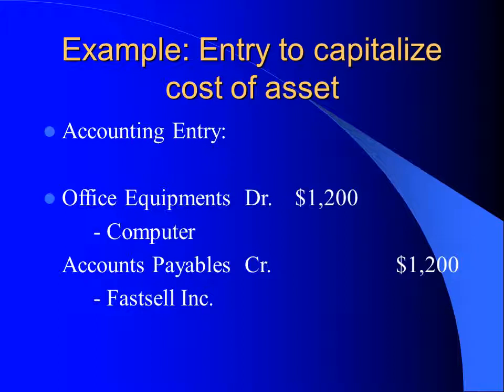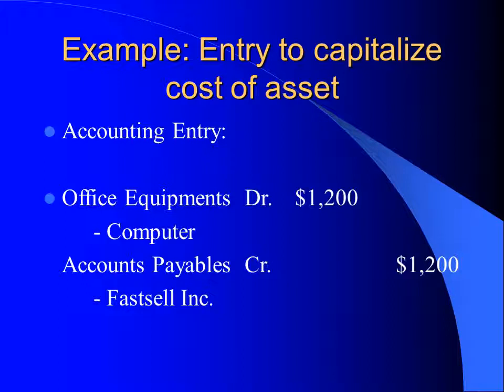So now the accounting entry to capitalize the cost of the asset is shown here. As you can see, a computer can be part of office equipment and the amount is stated there as a debit. And then accounts payable is credited.